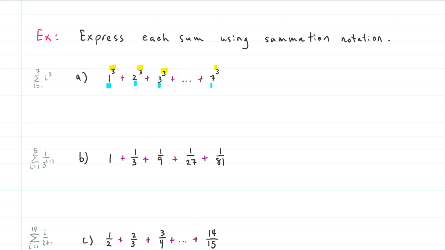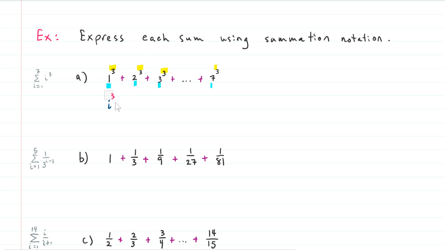So what if we said this was I? The thing that's changing, let's call that I. So I, and the thing that is constant, let's leave there. We'll leave that 3 constant. We'll say this is I cubed. And so let's write I cubed for each of these.